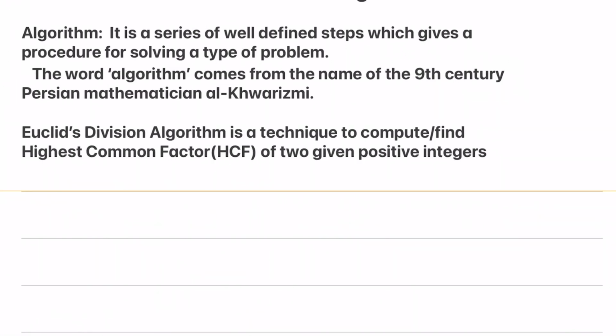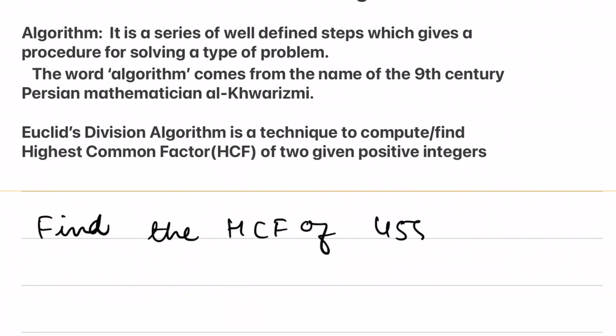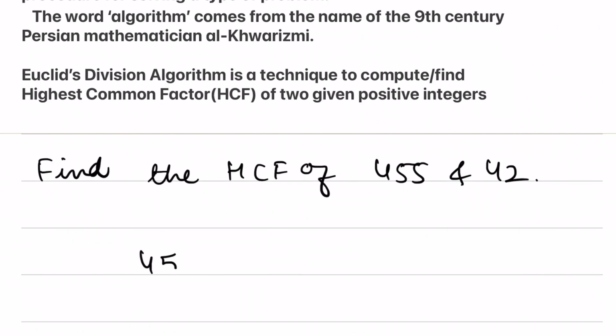So let's take an example. Let's find the HCF of 455 and 42. So we can write 455 is equal to 42, which is the divisor, multiplied by 10. Quotient is 10 and remainder is 35.